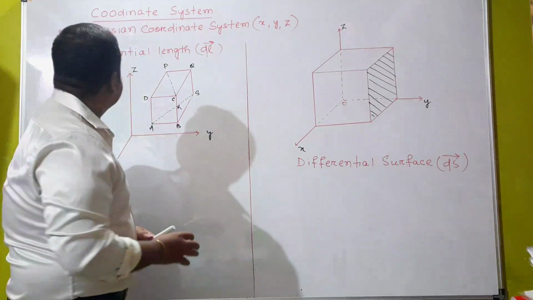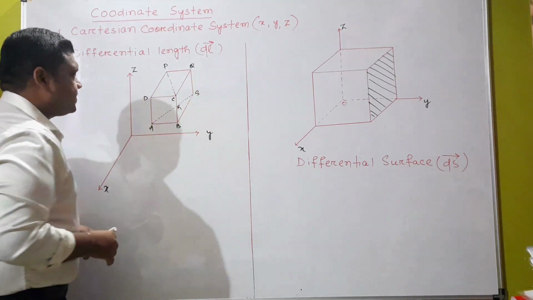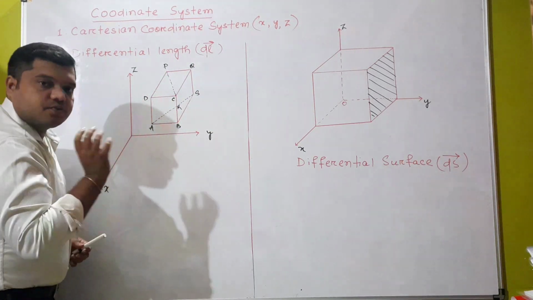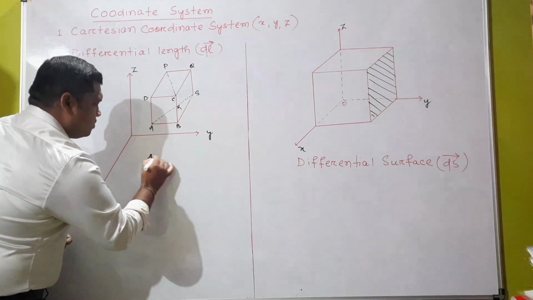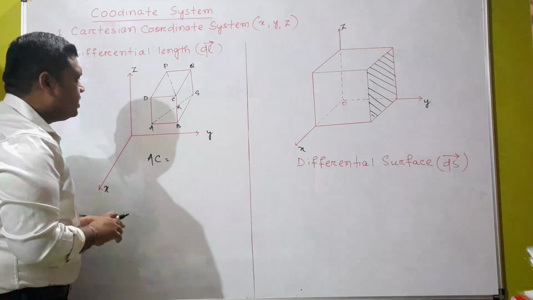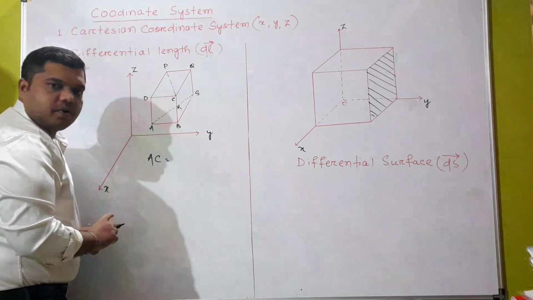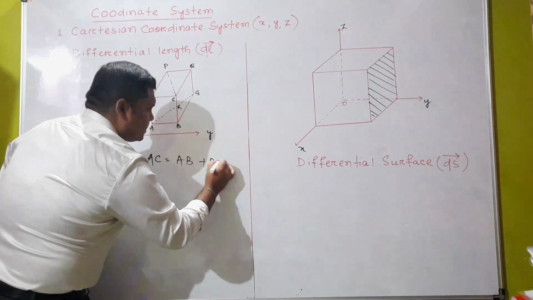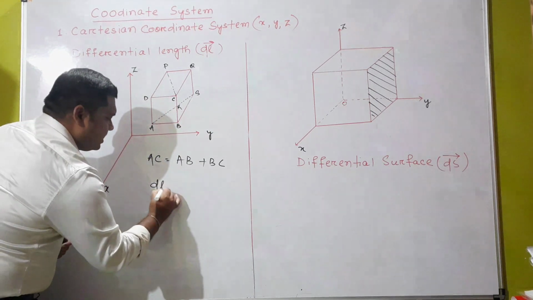Now look, differential length. How to calculate this differential length? Suppose we wish to move from A to C. How will I move? A to B plus B to C. This AC represents, suppose, the differential length dl vector.